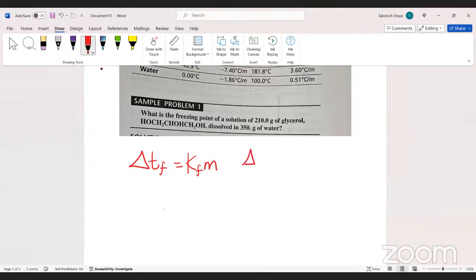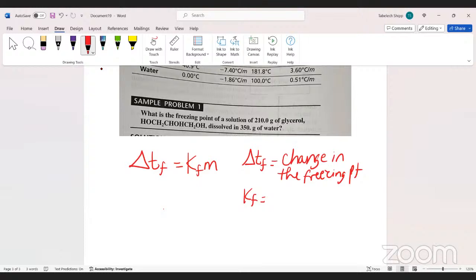And again, let me identify each of them so that when you hear me talk about it, you'll know what I'm referring to. So again, delta T is the change in the freezing point, and the K of F is the constant that differs for each of the solvents. And it is a negative number.